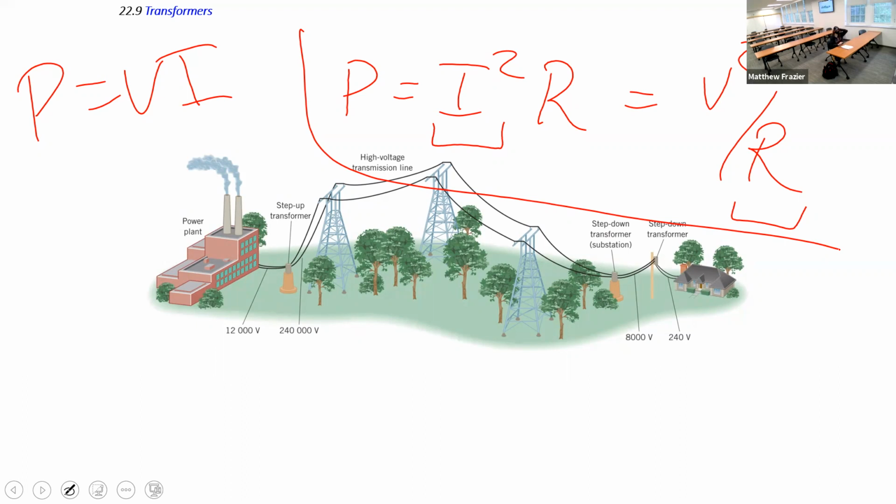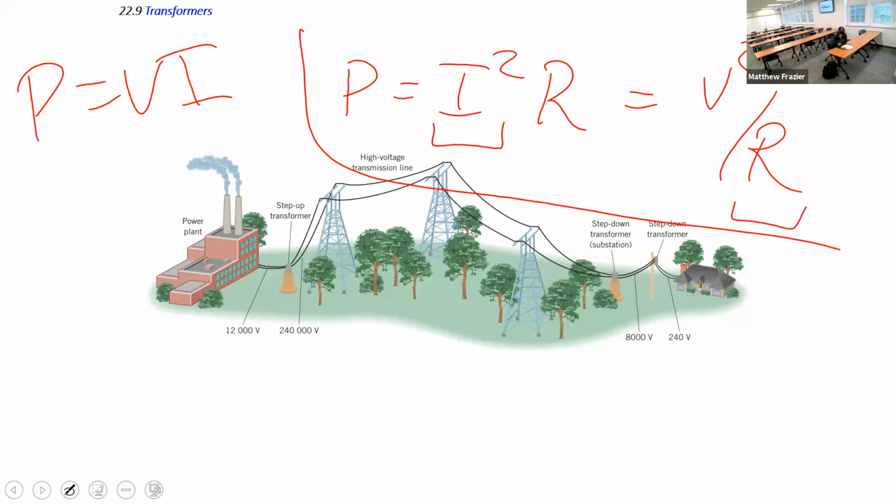The gist of it is when they design power lines, they're trying to minimize the losses. And to do that, you have a couple of options.